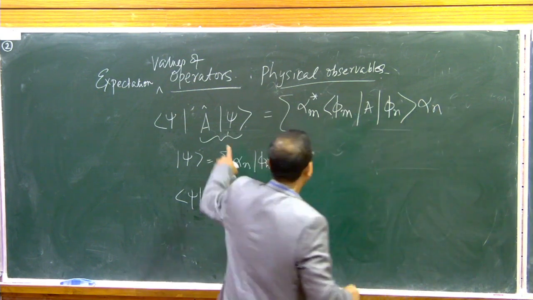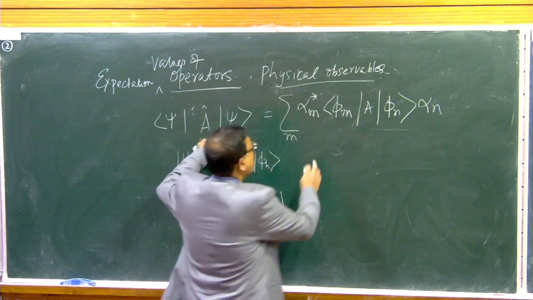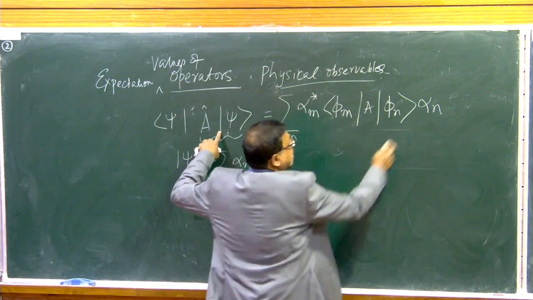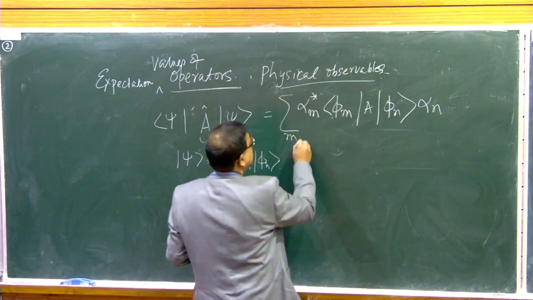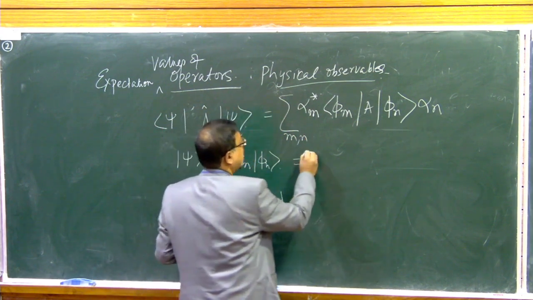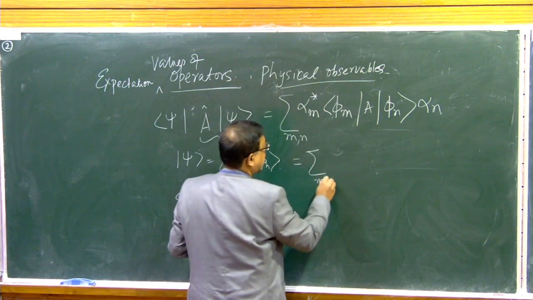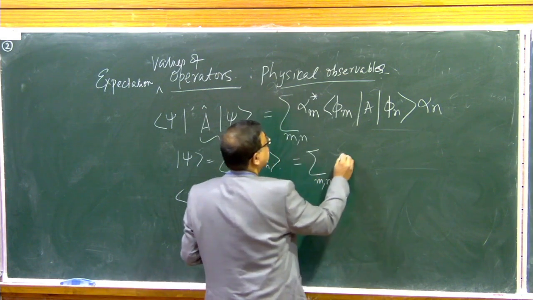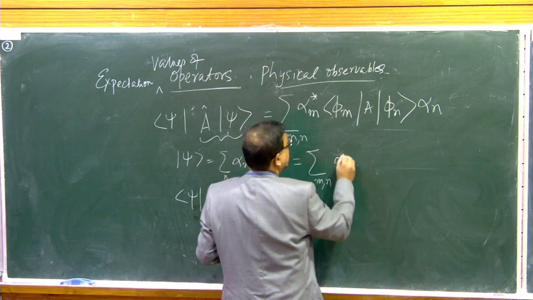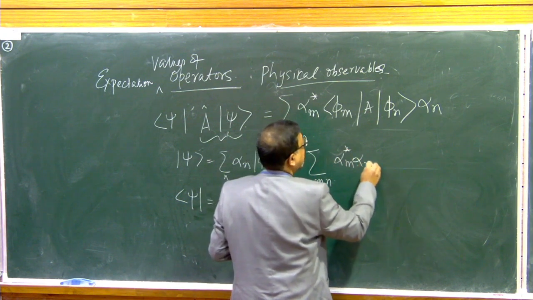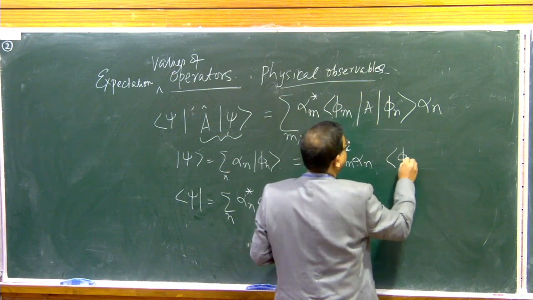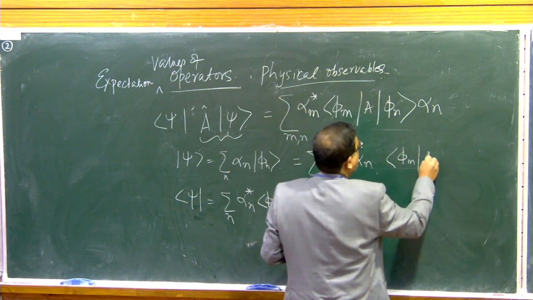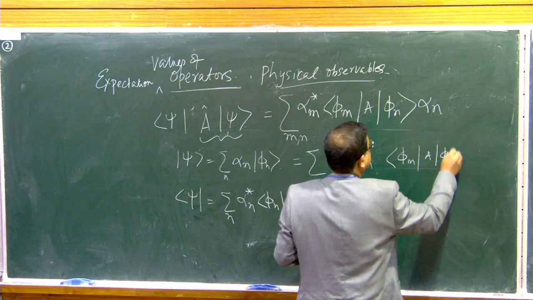Okay, so that's the thing that we have used, and alphas are, of course, as I said, coefficients, so they are like numbers. So there's a summation over m and n, and you have an alpha m star alpha n, and we have this equal to A phi m acting on this, and so on and so forth.